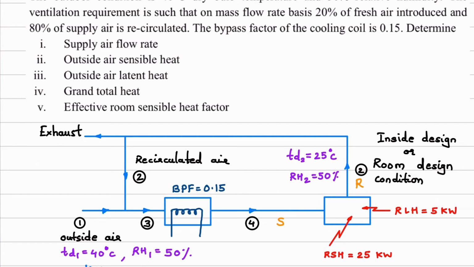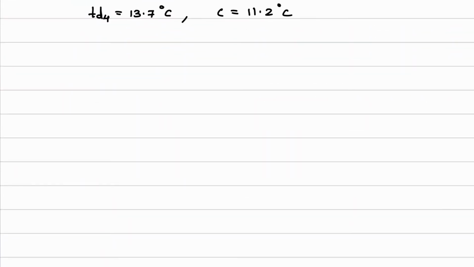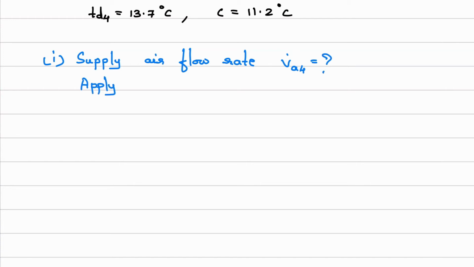So first part, supply airflow rate. This is V dot A4. So apply the energy balance to the room.